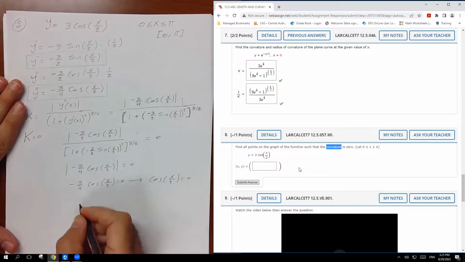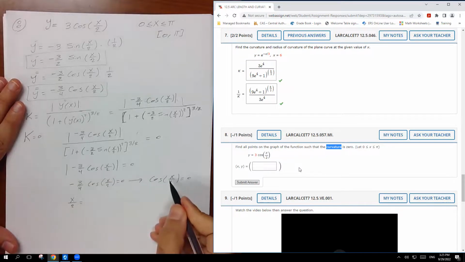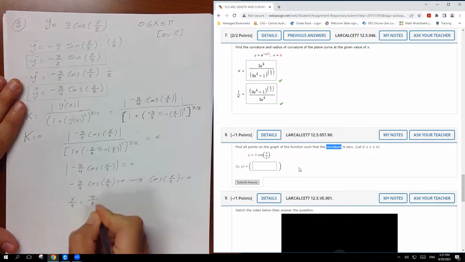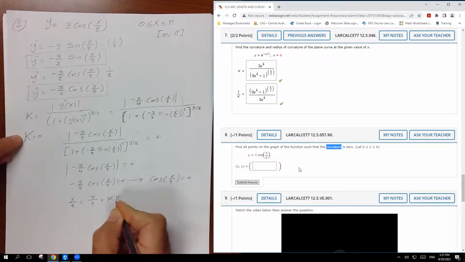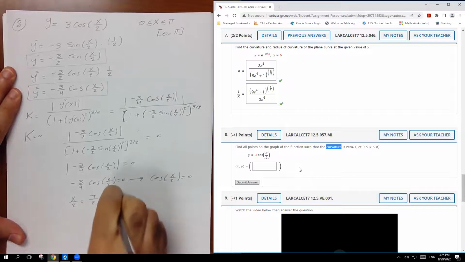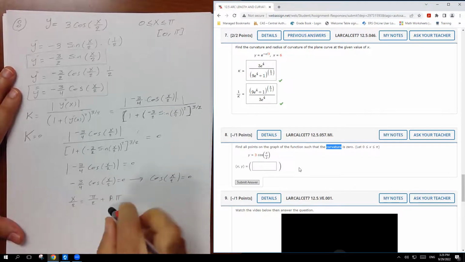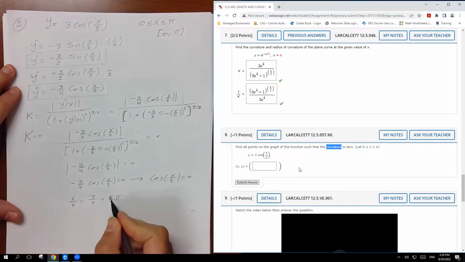In this case, x over 2 is going to be equal to pi over 2 plus k pi. This k is not the same k as the curvature, so let's use p instead. I don't want to confuse you, but they always use k.